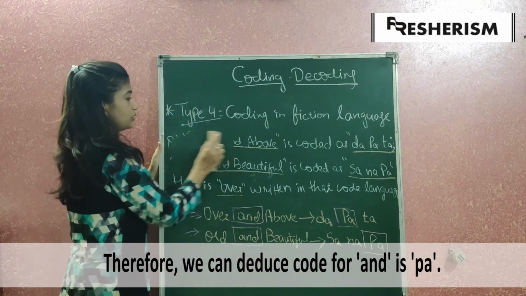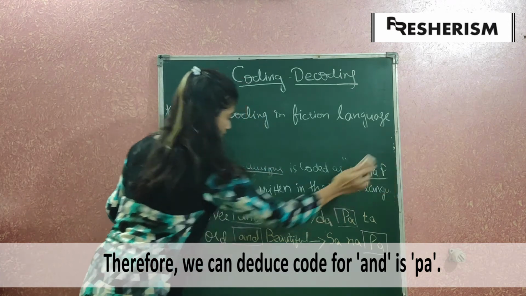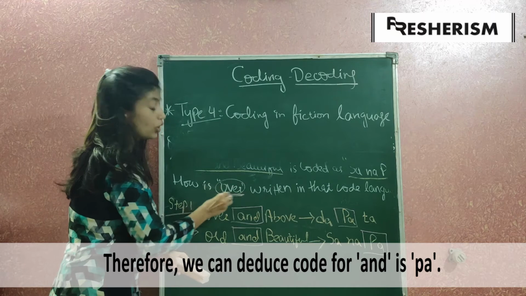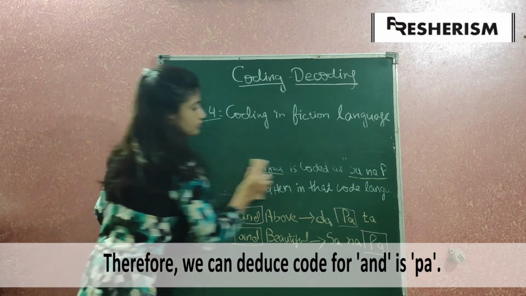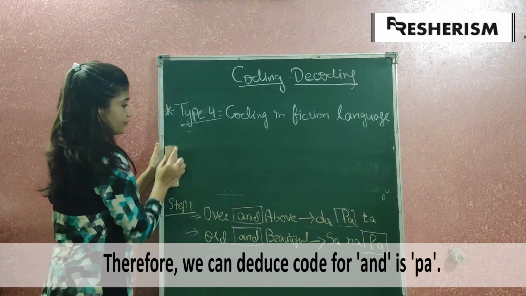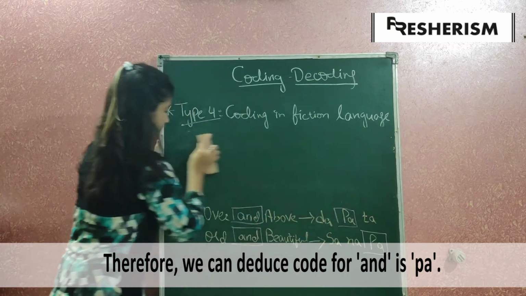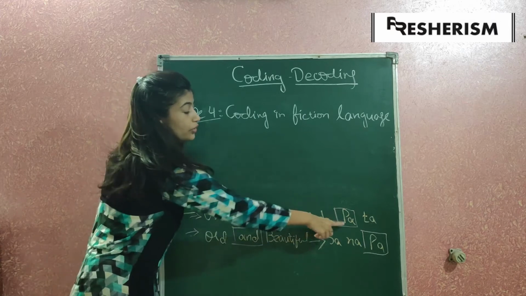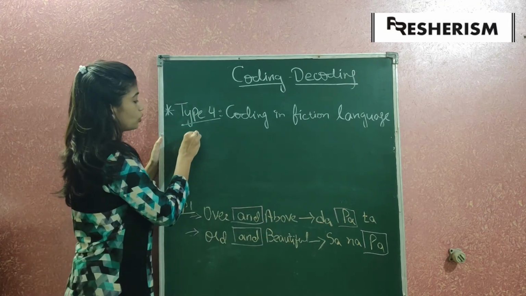Removing that, just remember this question. We have to find the code for over. Code for AND is PA.